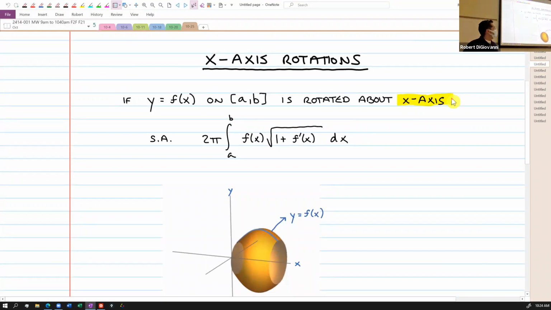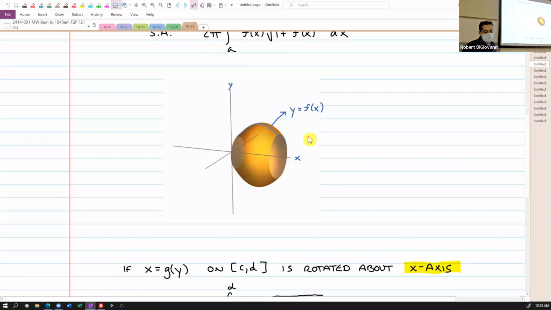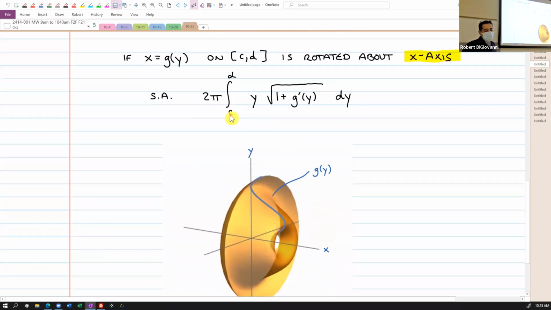All right. So if y is some function of x on some interval a, b, if we rotate that around the x-axis, your new integral is 2 pi integral from a to b of f of x, and then the square root part, that right there is that little arc length. There's a picture. If it's a function of y, okay, so this is the one we haven't done.